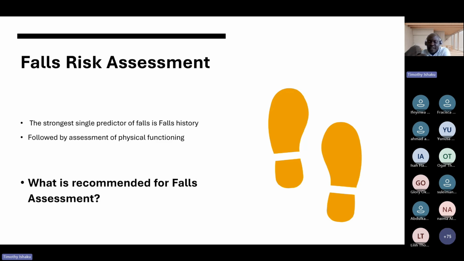Neither is it to just use the second, physical functioning, where you use your outcome measures to assess the patient. The recommendation is to combine everything together. Thank you, Sunusi. Combine everything so that it gives you a holistic picture of the person's health. So take into account your falls history, your physical conditioning, review the medication, footwear, everything we talked about, all together.